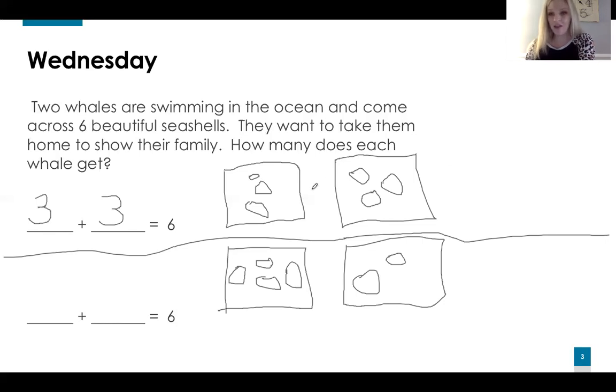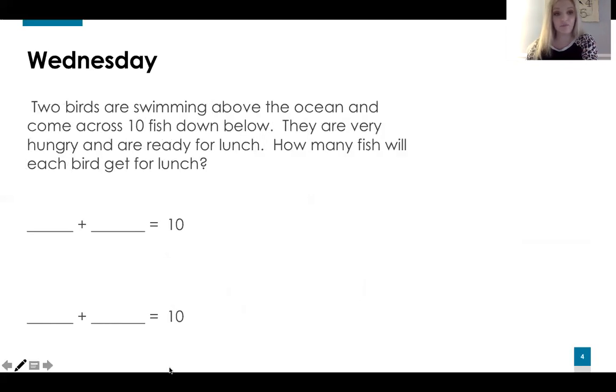No. So what would my equation be? 1, 2, 3, 4, and then 2. So 4 plus 2 equals 6. Both of these equations are correct. 3 plus 3 equals 6 and 4 plus 2 equals 6. Those are both correct, okay? Because we are learning that there are different ways to make these numbers, all right?